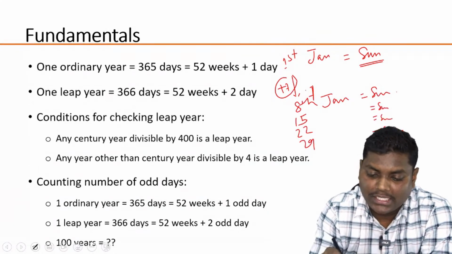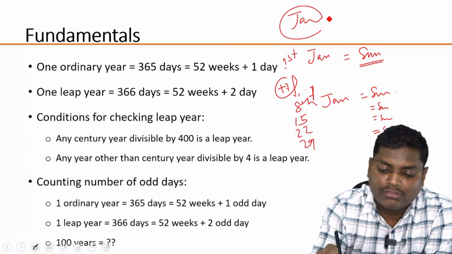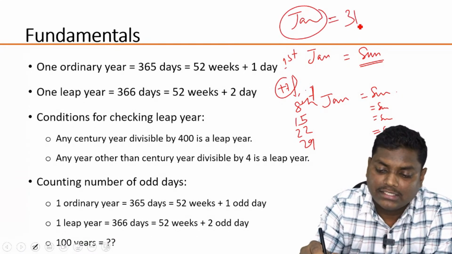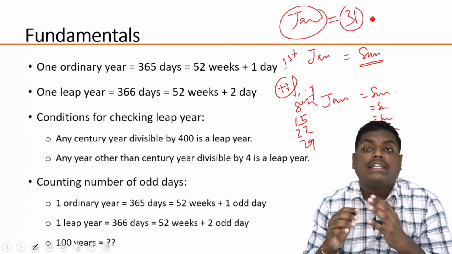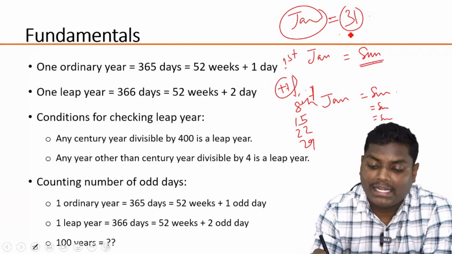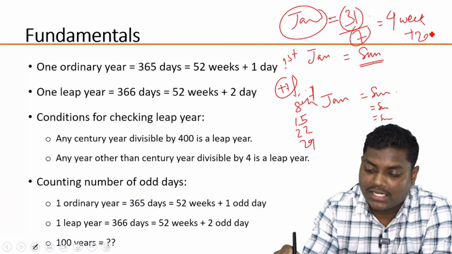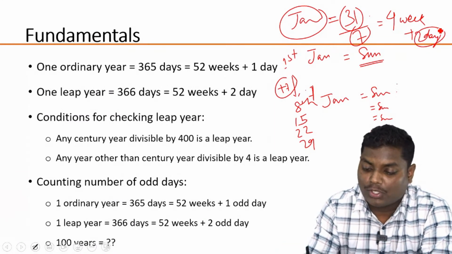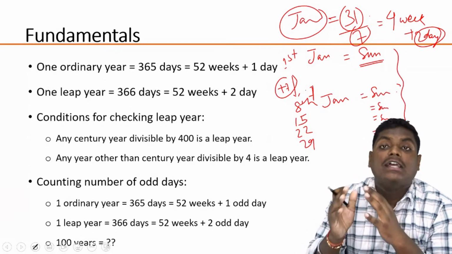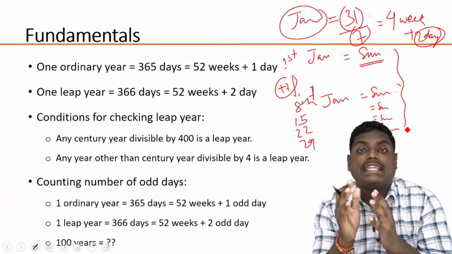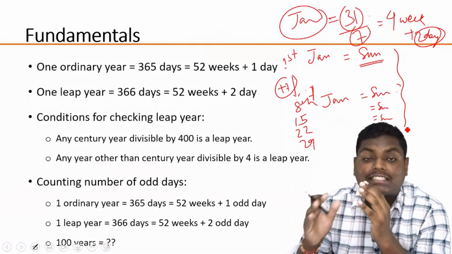Now, the particular month of January has 31 days. If you divide 31 by 7, we have 4 weeks plus 2 days extra. For these 4 weeks, if we take the starting day to be Sunday, then we will get similar days.